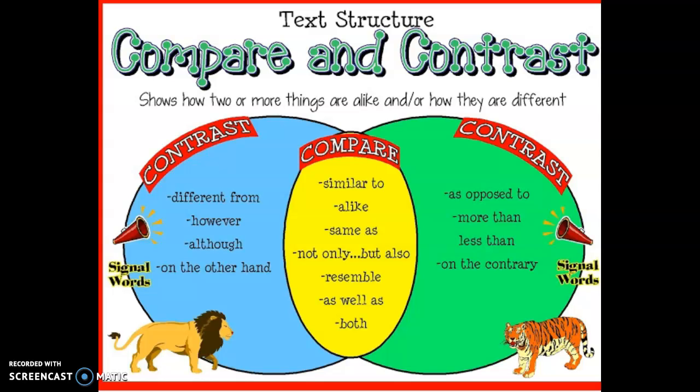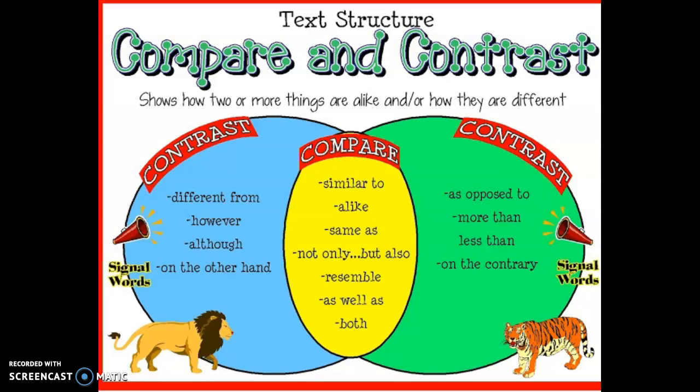Okay? And then we're going to be reading one argument called "Should a Tiger Be Your Pet?" Okay, and as we're reading this particular text, I want us to be thinking about, is there a claim being presented? Is there evidence? And are there reasons presented?